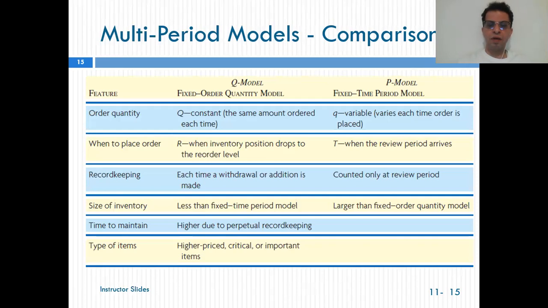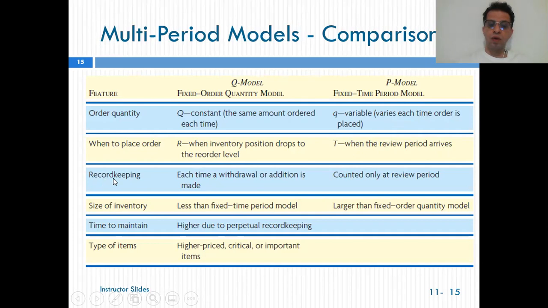And here are the features. Order quantity is constant, the same amount ordered each time in the Q model. In the P model, the fixed time period model, it varies each time an order is placed. When to place the order: when the inventory position drops to a pre-set reorder level in the Q model, but in the P model when the review period arrives.